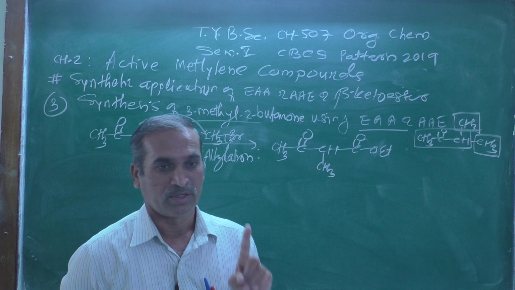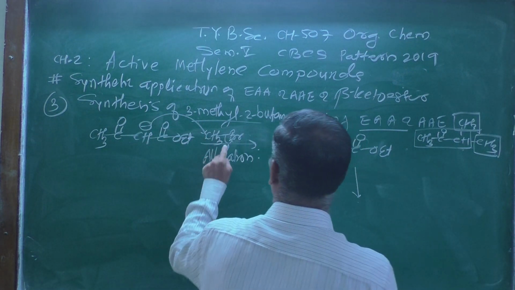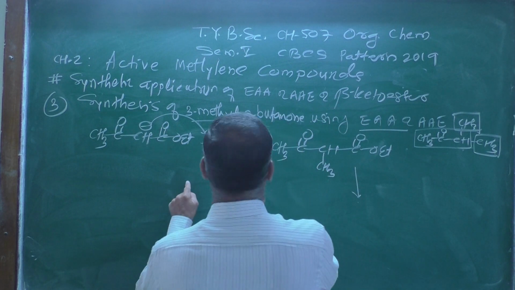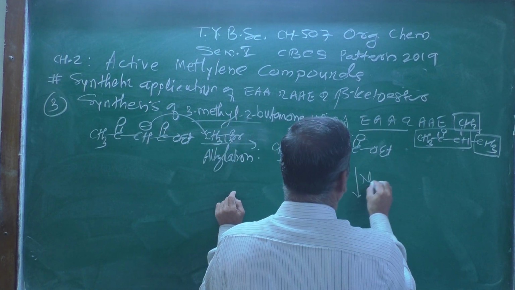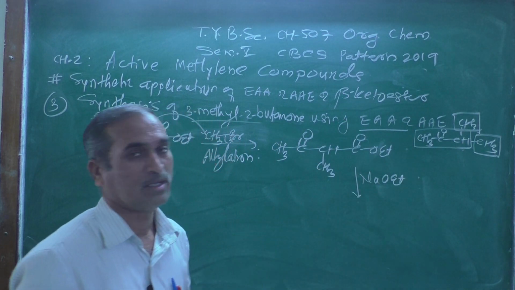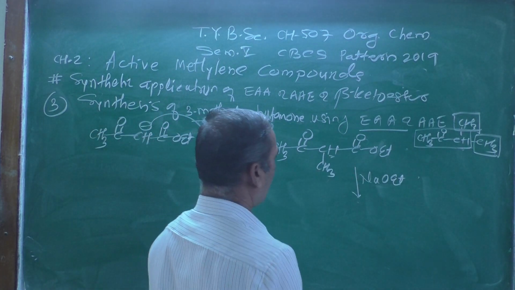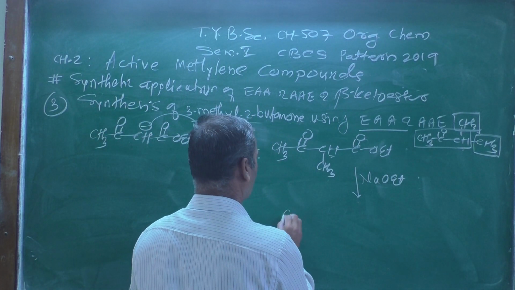And therefore remember, after the first alkylation, again treat this molecule with the base NaOEt. Don't do the hydrolysis before that. You use a base which can abstract the highly acidic proton, that is the methylene proton.